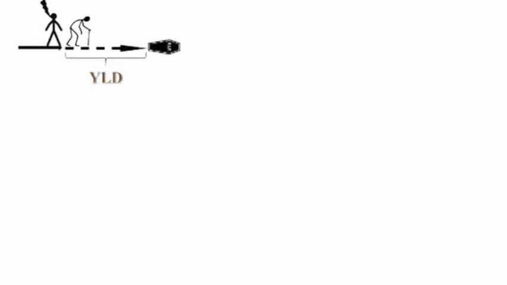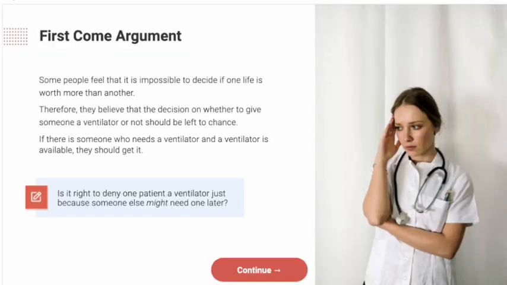Years lived with disability is calculated by... Okay, so there's another argument. So that was the QALYs argument, right? Here's another one: first come, first served. Some people feel that it's impossible to decide whether one person's life is worth more than another person's life, because of justice.